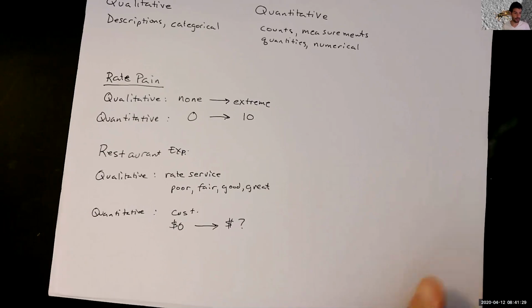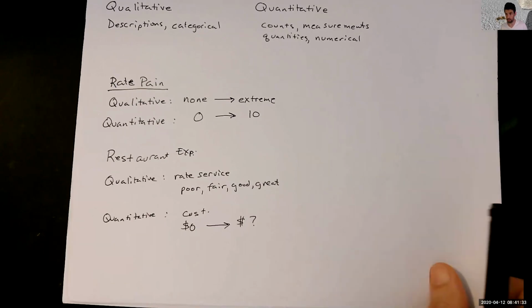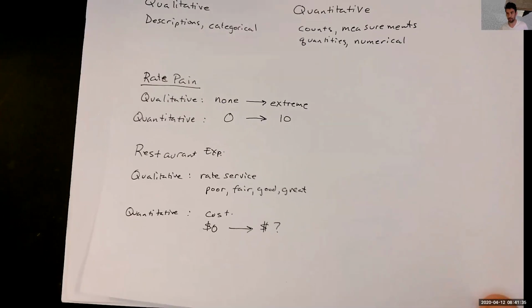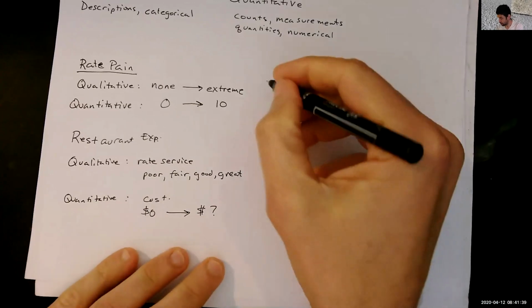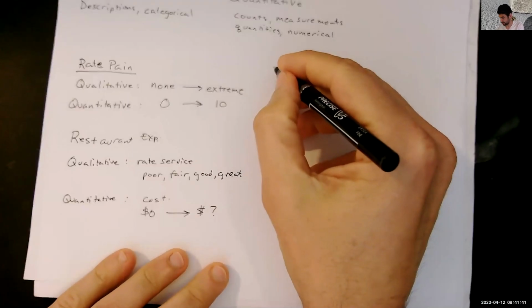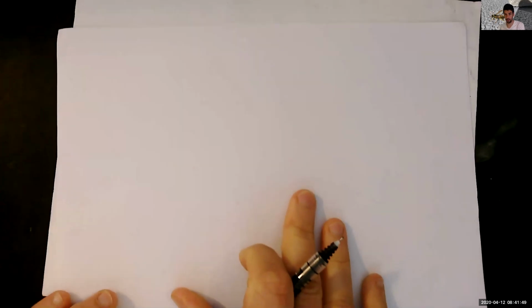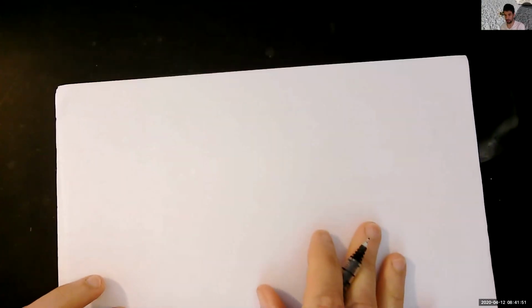Okay, then let's do one more thing. This is a little bit dicier of a topic, a little bit more subtle, but let's see if we can give some examples. So when we have, let's start a new page. When we have quantitative data, we can divide it up further.